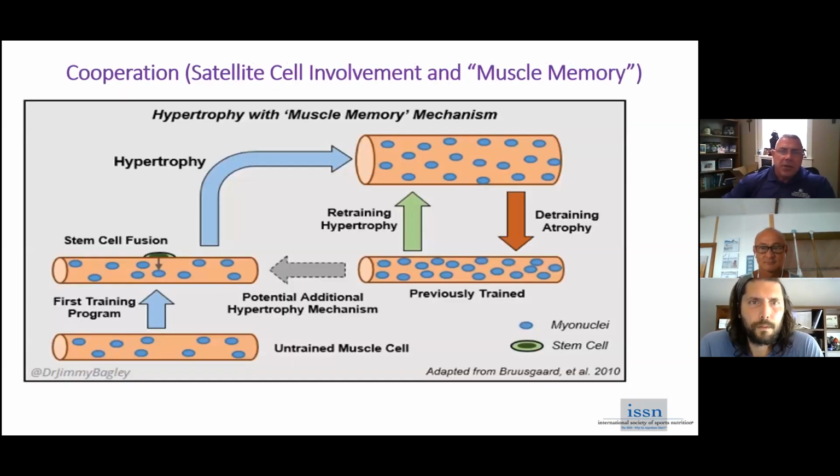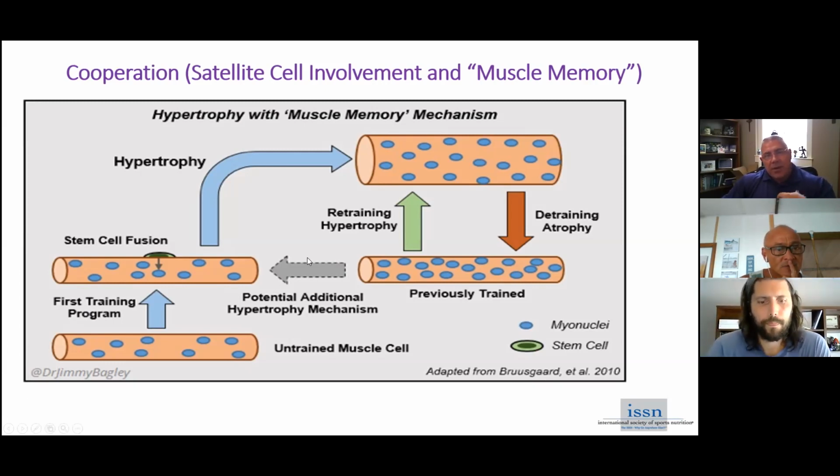So this is a really cool figure adapted from Bruusgaard back in 2010. Dr. Jimmy Bagley, at San Francisco State University, actually made this, and I've used it quite a bit in class, and it's pretty cool.